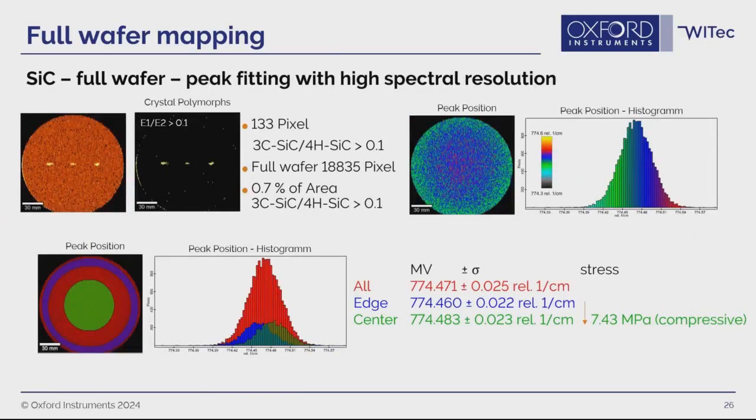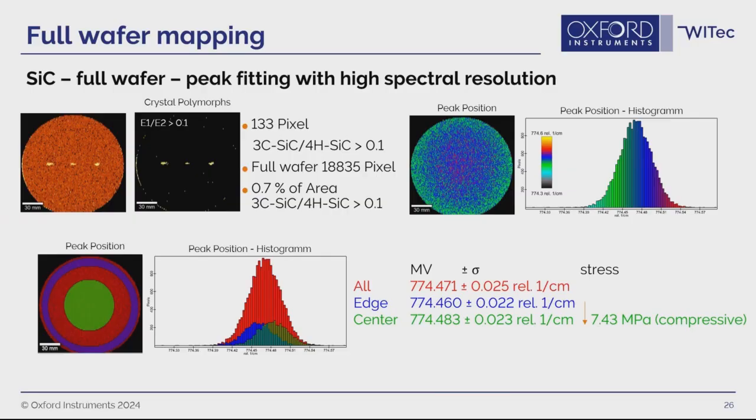This slide contains a bit more sophisticated data evaluation. We will talk about the crystal polymorphs and their distribution and the peak position of the E2 high band, which is stress and strain related. First of all, I wanted to evaluate the distribution of the 3C silicon carbide versus the 4H silicon carbide.